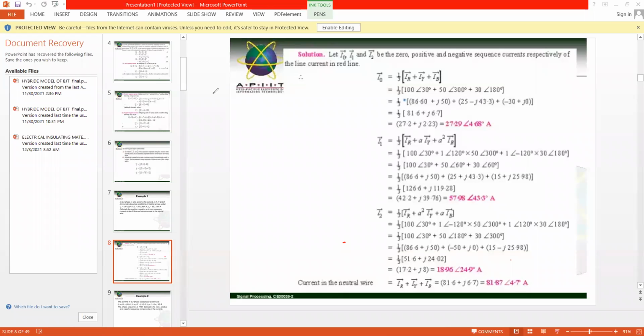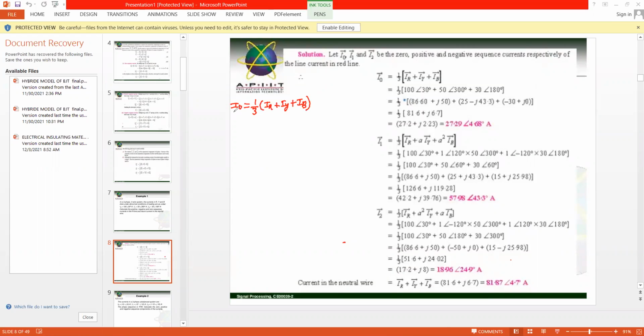Okay, so here solution. So first, zero sequence. What are the zero sequence components? That is I0. So here I0 is equal to 1 divided by 3 in bracket IR plus IY plus IB.